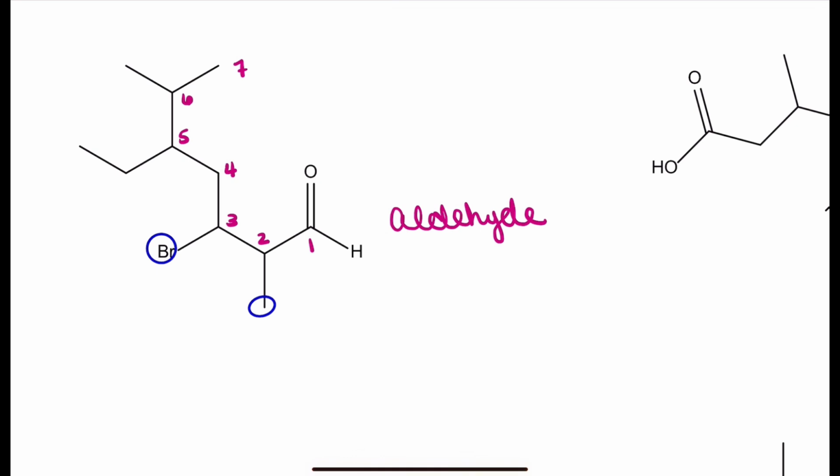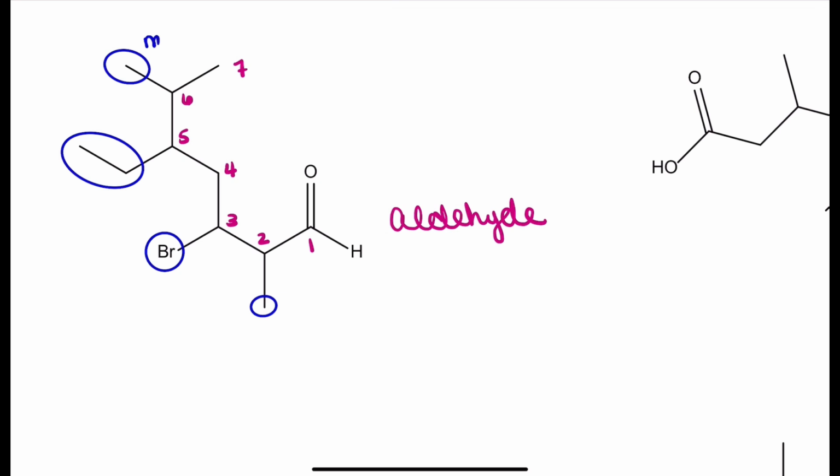If I number it the other way, where I do 6 and 7 over here, I would have 3 substituent groups. You're going to name it so that it has the maximum number of substituent groups. So I'm going to name it so that it has 4 substituent groups, not just 3. That only happens if you have a case where it's going to be different like that. And this one, it is different, so I'm going to name it so that I have my 4 substituent groups.